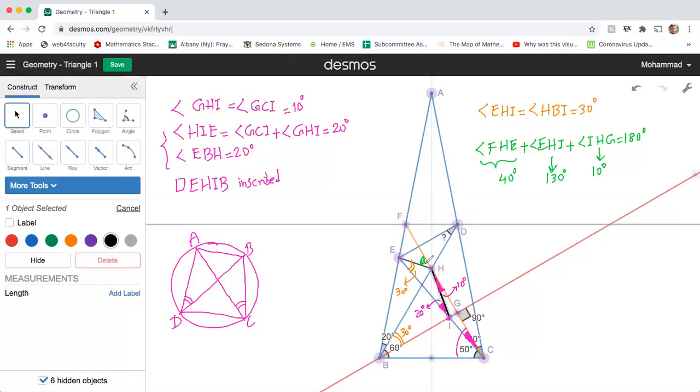So this green angle here is 40 degrees. Angle FHE is 40 degrees. On the other hand, this angle is also 40 degrees. This we could have said right from the beginning.